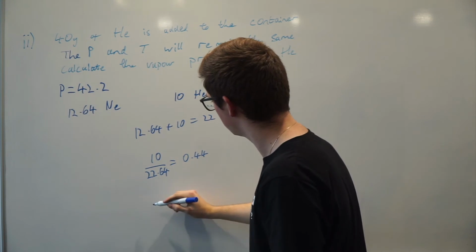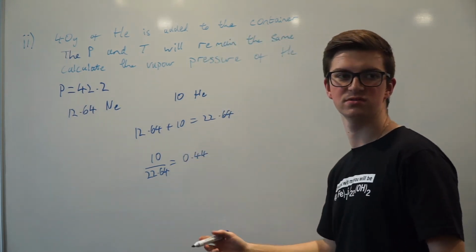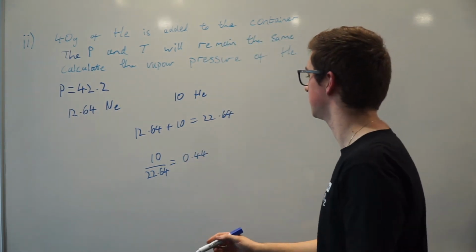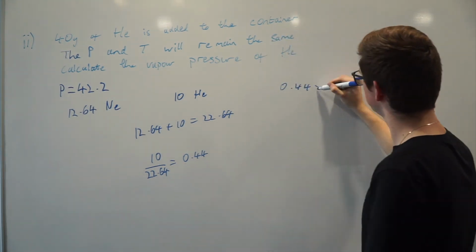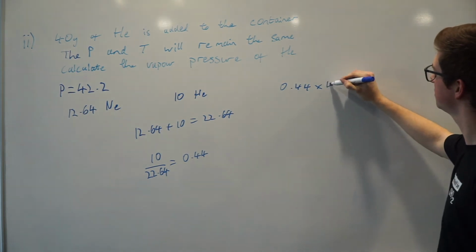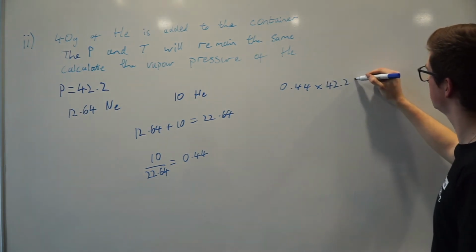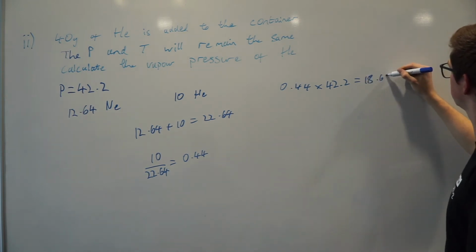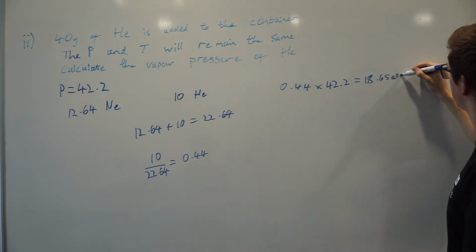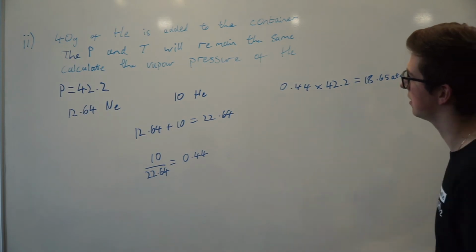We really want to look at helium because we're not asked to calculate the other gas. You take the 0.44 and multiply it by the total pressure of the system, which is 42.2, and you come out at 18.65 atmospheres of helium that has been added to the system.